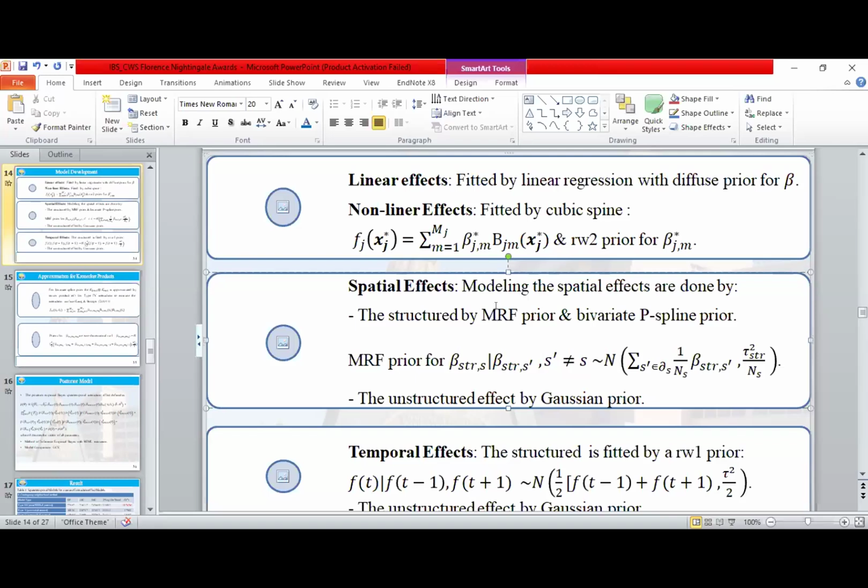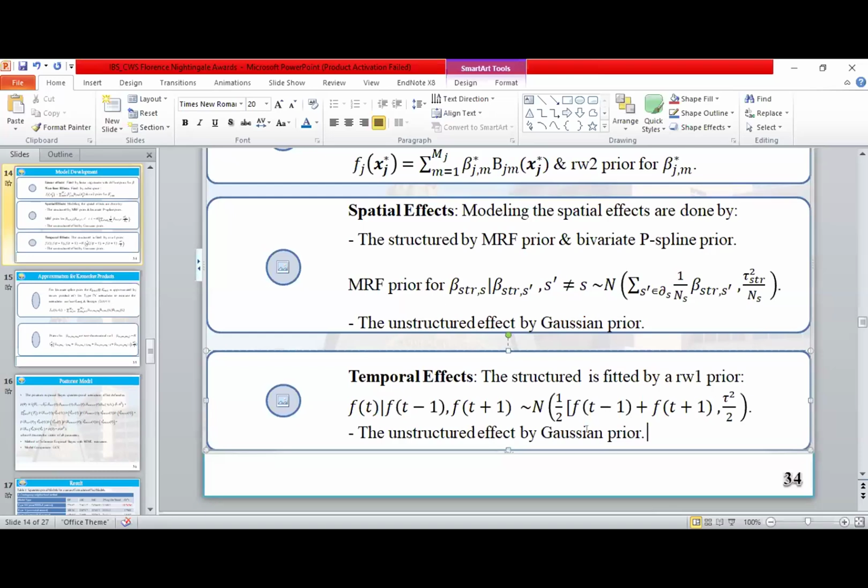Spatial effects are modeled by splitting into 2, structured and unstructured, to account for structurally affecting and locally affecting unknown covariates on food insecurity here. Therefore, the structured part is estimated by using a Markov random field prior and bivariate P-spline priors. And here is the Markov prior formula, and the unstructured part is estimated by a Gaussian prior. The temporal effect is fitted by a random walk of order 1 prior, as given here, and the unstructured part is estimated using a Gaussian prior.